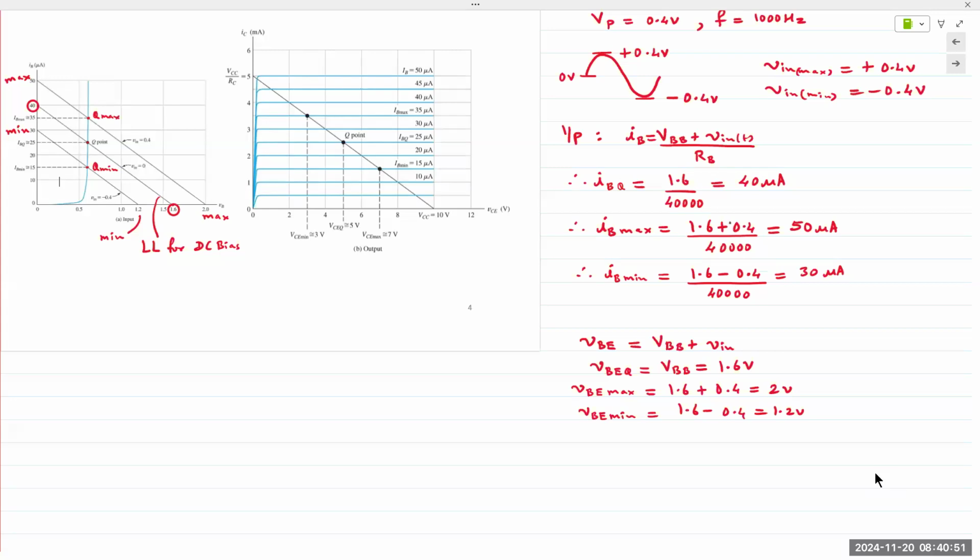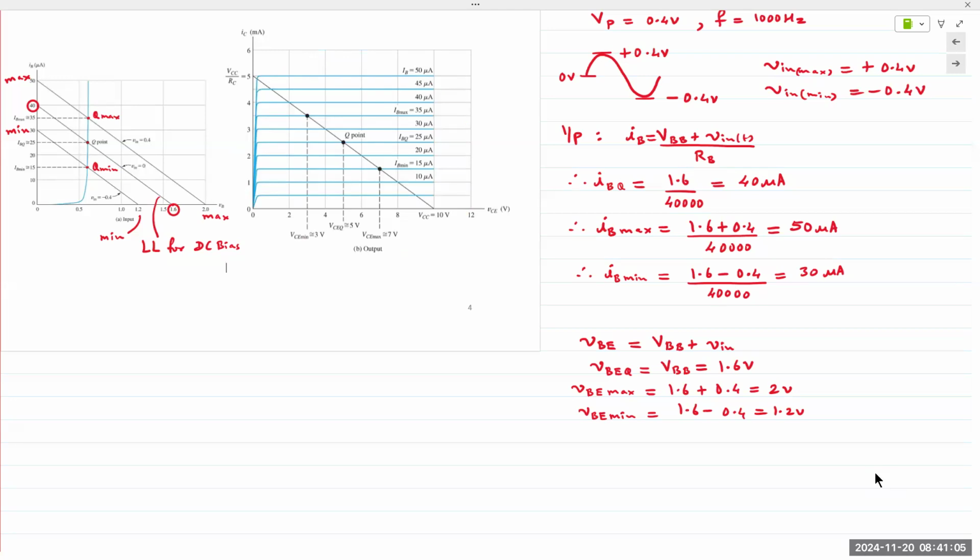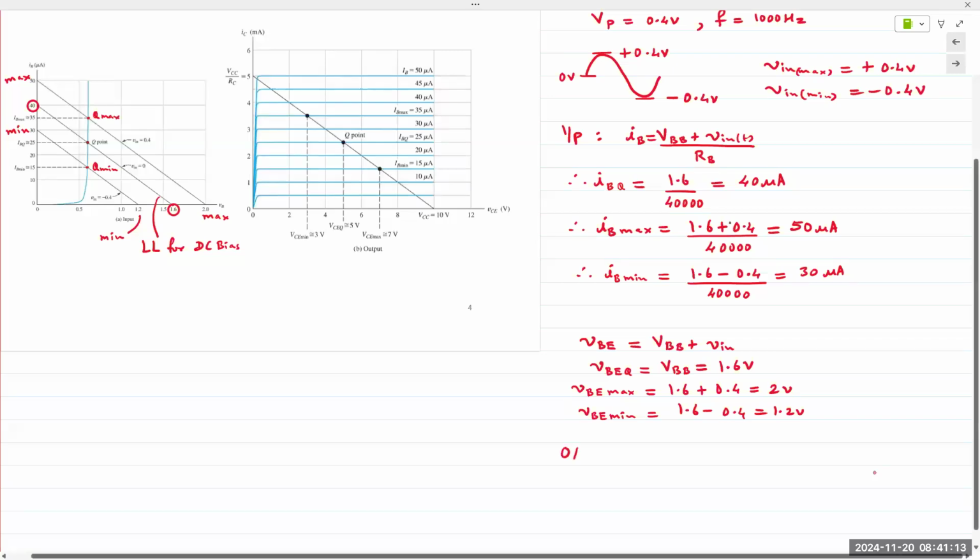Good. And now we go to the output characteristics. Output characteristics are here. We are already given the output characteristics. We also have the output load line, and so this is output.